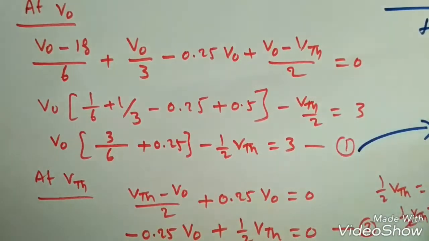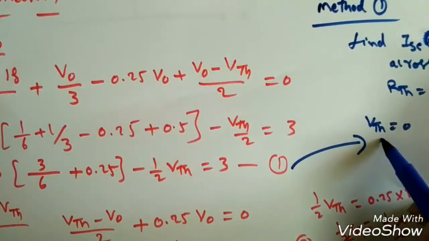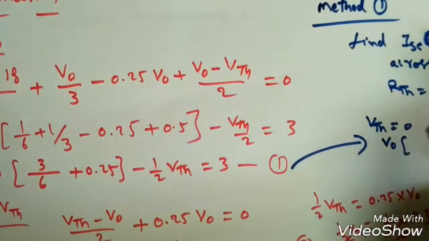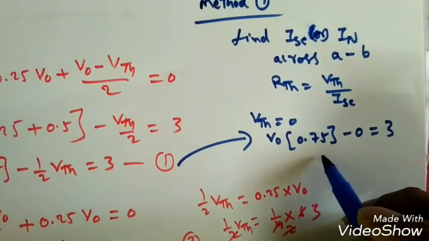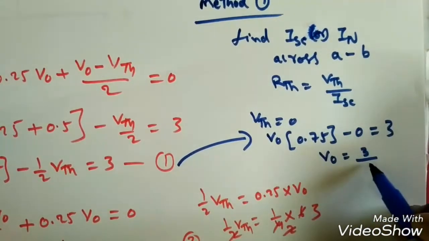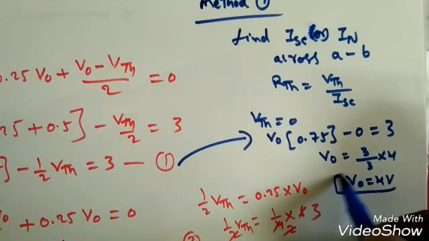So V0 into 1 by 3 by 6, that is 1 by 2, plus 0.25, that is 0.75, minus 0 is equal to 3. So what is V0? 3 by 0.75, so V0 is equal to 4 volt.